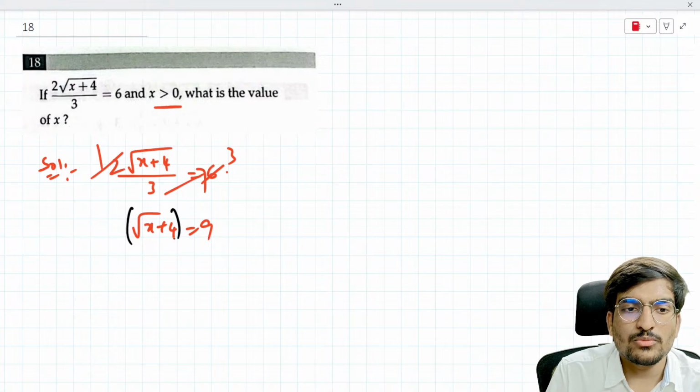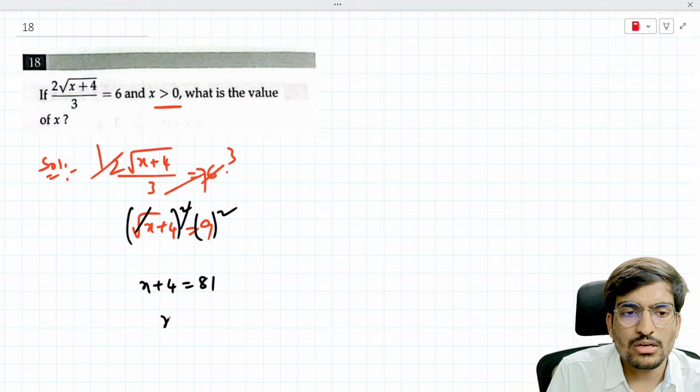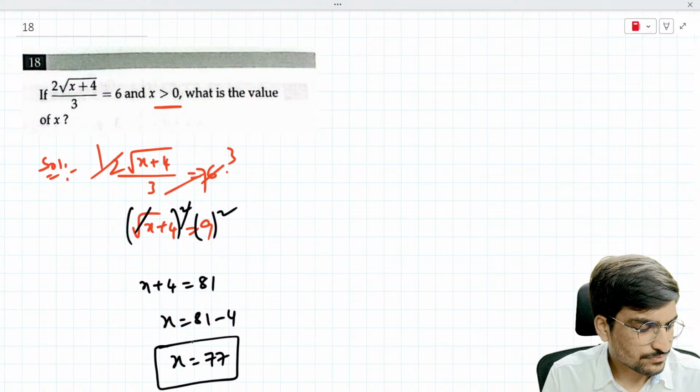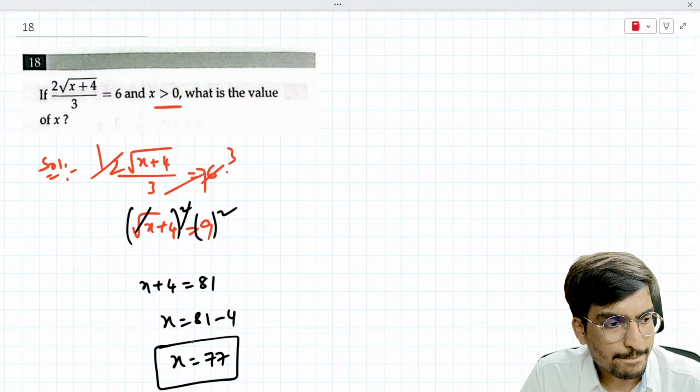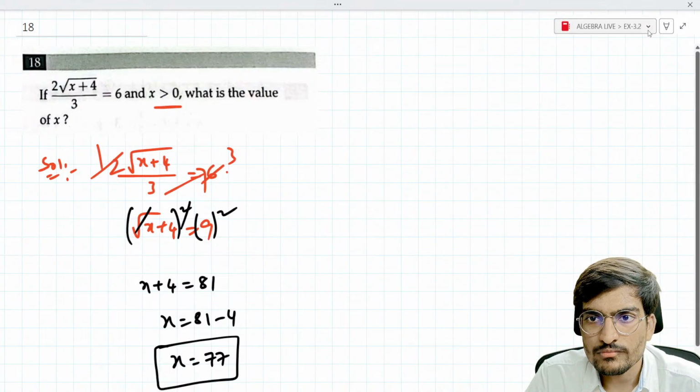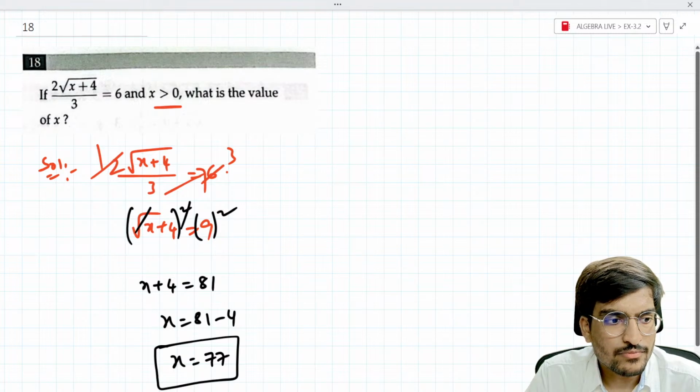Whenever you want to remove a root, square up. So x plus 4 equals 81, x equals 81 minus 4, x equals 77. So had you got the same value? Yeah.